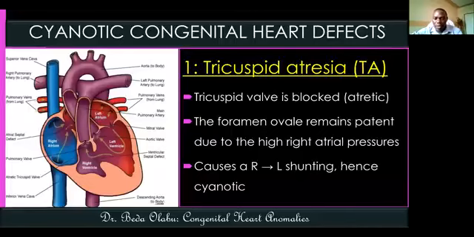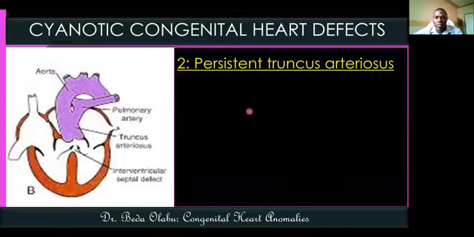Let's look at the second one. This is what we call persistent truncus arteriosus. Now, truncus arteriosus is a common vascular channel that gives rise to the ascending aorta as well as the main pulmonary artery.